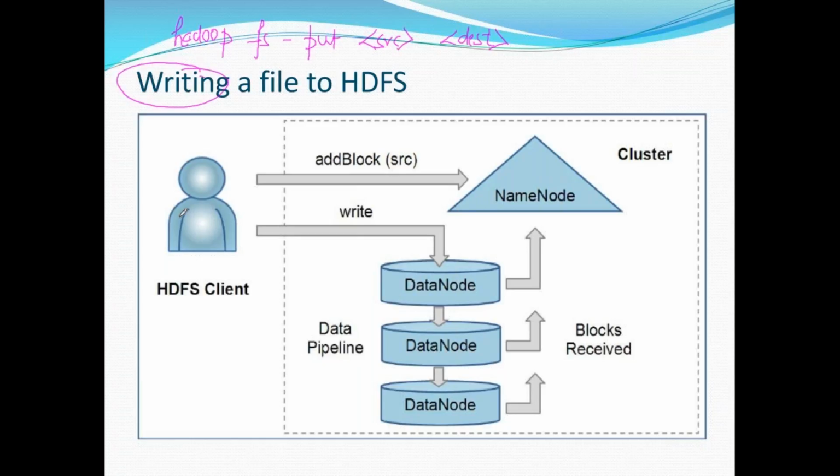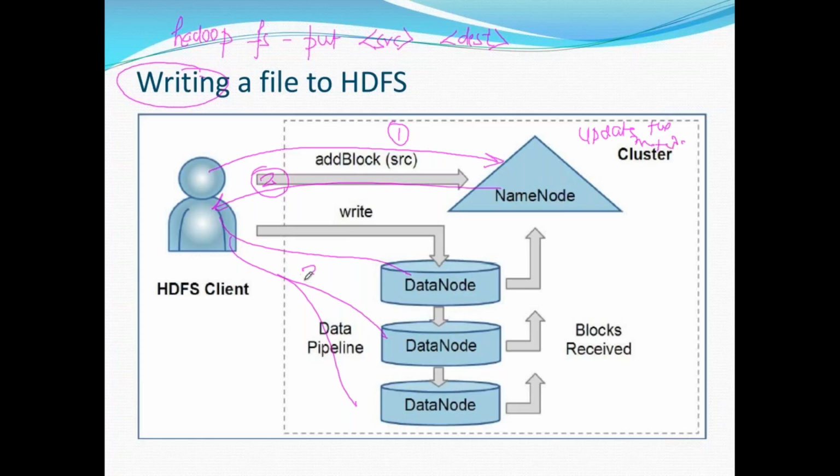So writing a file. Let's say you have issued this command Hadoop fs minus put sample. At the first step, it will contact the name node. The name node will give him the metadata information, and then he will write onto the data nodes, and the data node will send the acknowledgement, and the name node will update the metadata. This is just at a high level, not gone into details.